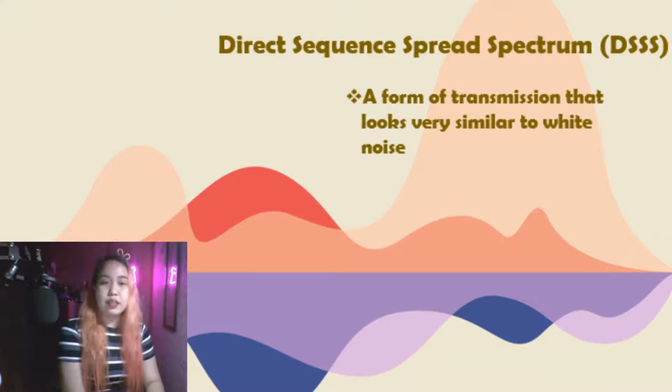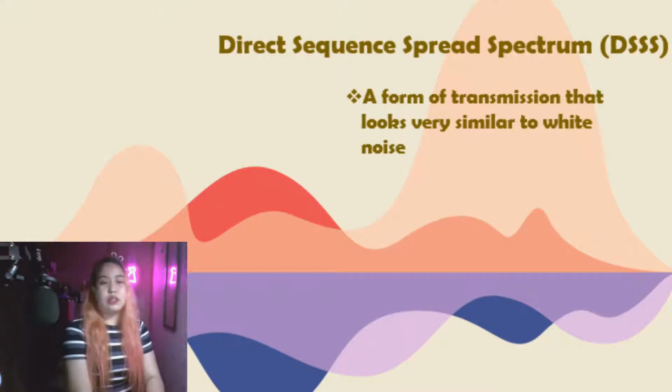The direct sequence spread spectrum is a form of transmission that looks very similar to white noise over the bandwidth of the transmission. However, once received and processed with the correct descrambling codes, it is possible to extract the required data.